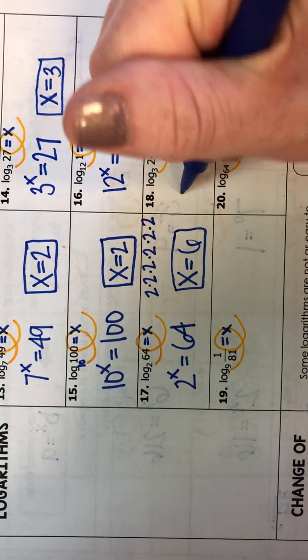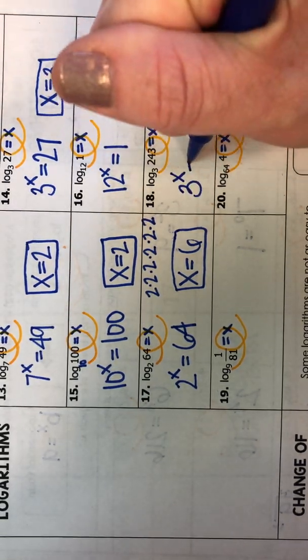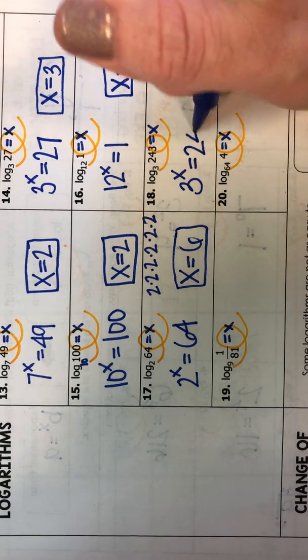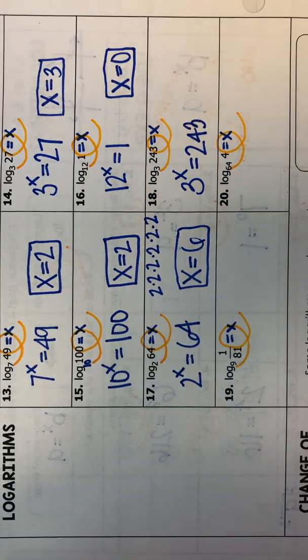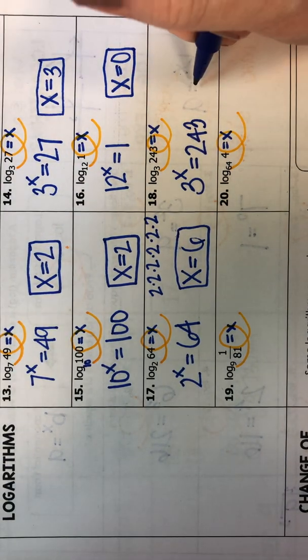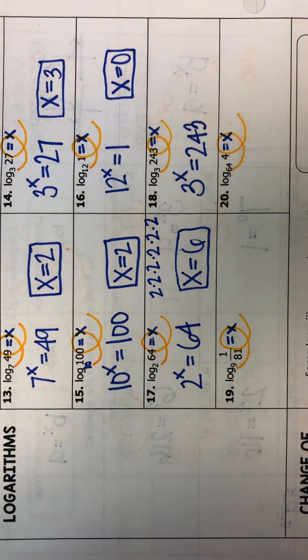All right, then next I've got 3 raised to the x power equals 243. And here I need to think through my multiples of 3, okay?